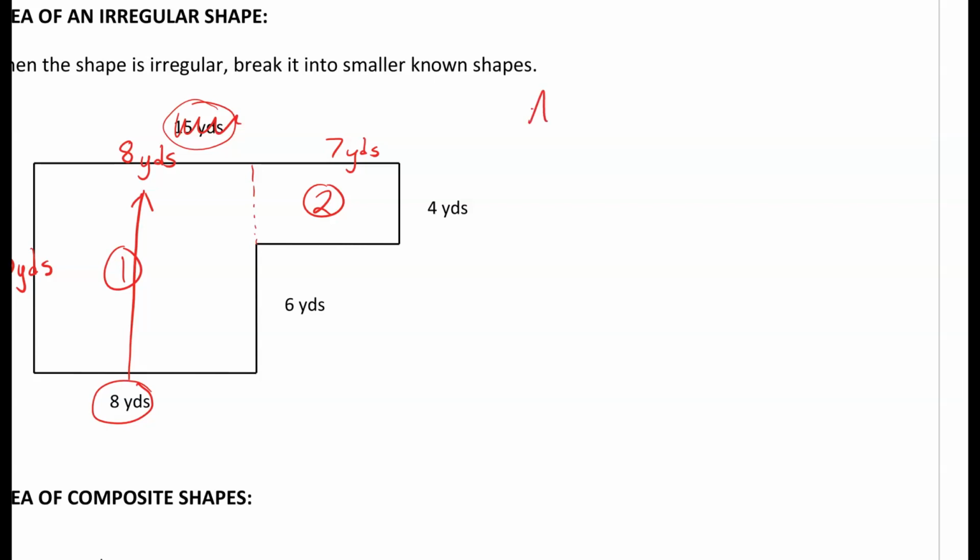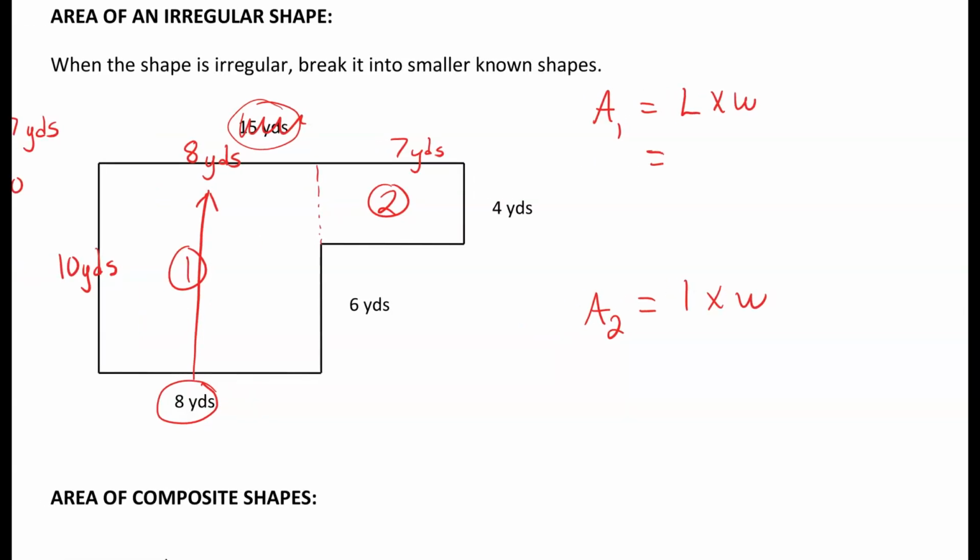If we want to do area, area 1 equals length times width, and area 2 equals length times width. Area 1, we have 8 by 10, and area 2, we have 7 by 4.